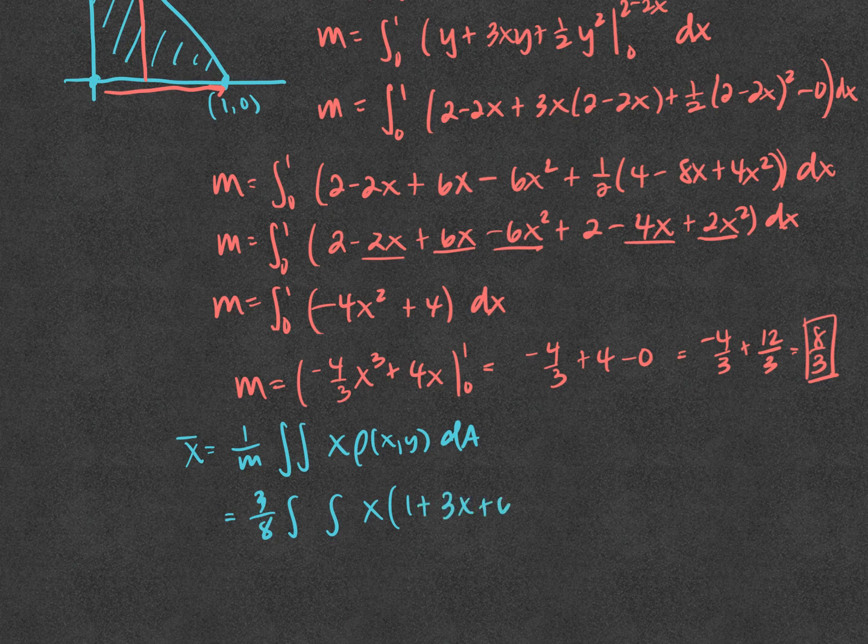I wrote it off to the side so I wouldn't have to scroll on the screen the whole time. And we're still going to have the bounds. I'm going to keep everything the same: 0 to 1 and 0 to 2 minus 2x with respect to y, and then with respect to x.